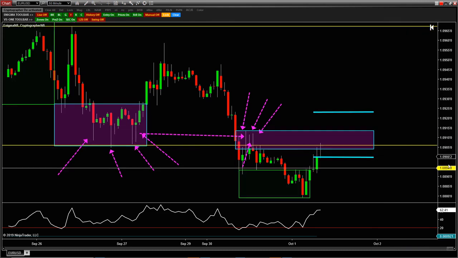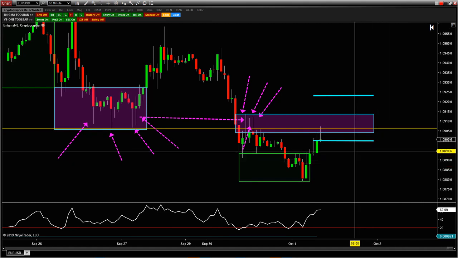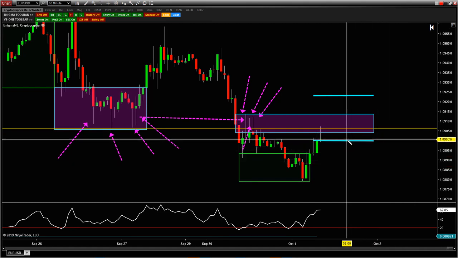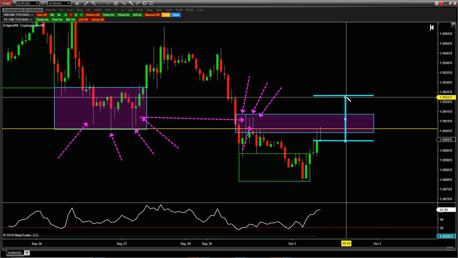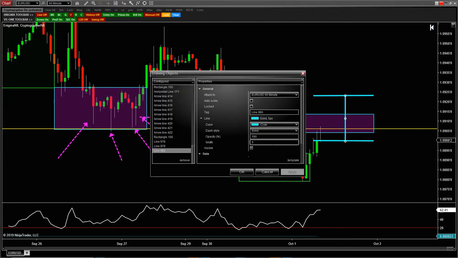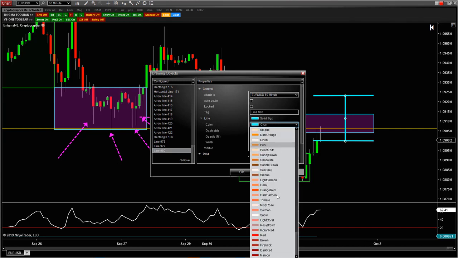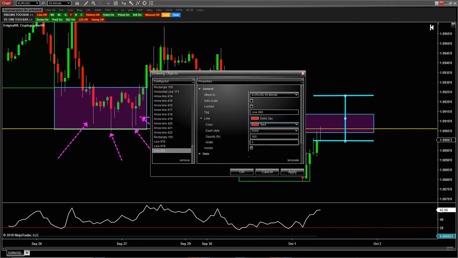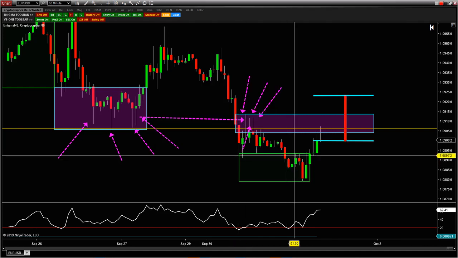So the question is going to be, where are you taking targets? If you're looking at a situation like this, let's just measure this out here. Let's assume you're entering at market, and I'll show you the situation that I'm in. You're looking at a risk of about right here. Now, the next thing depends on what type of trader you are. We had a conversation about this in Monday's Q&A.